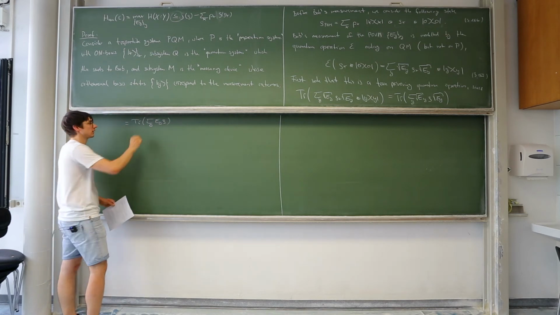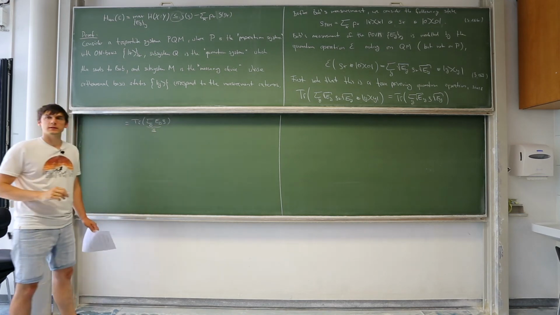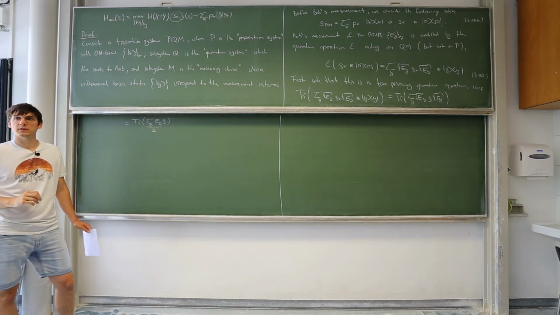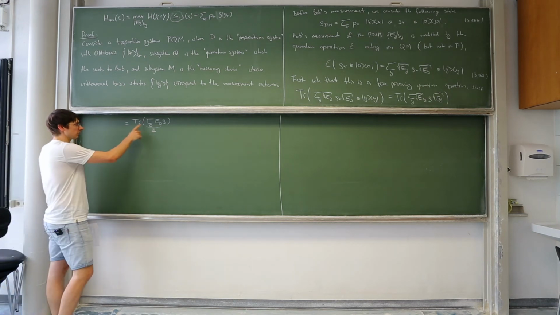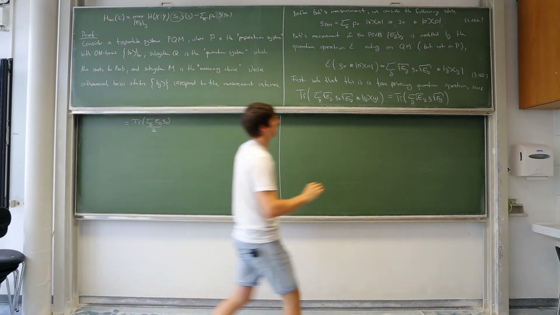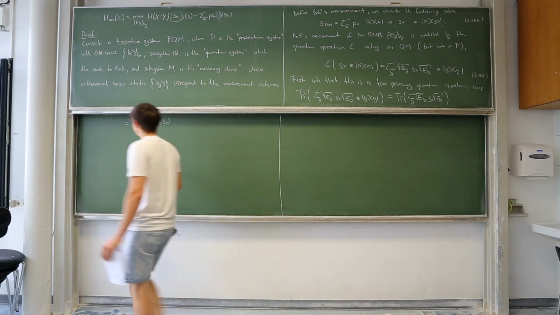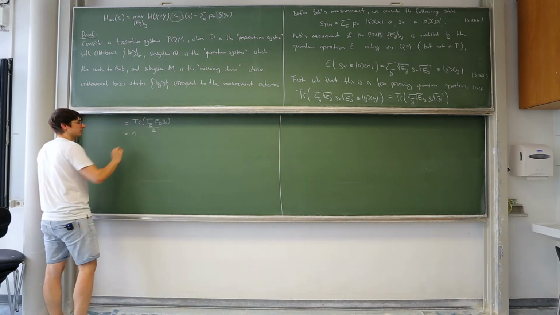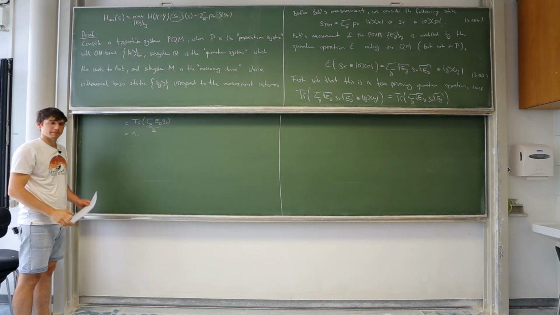And then we know that these measurement operators sum to the identity, which is the completeness relation. So we are left with the trace of rho x. And since rho x is a density operator, this gives simply 1. Okay, so we see that it's a trace-preserving quantum operation.